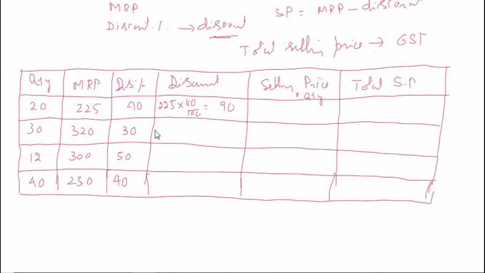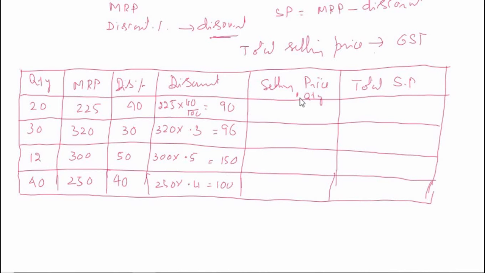So discount in the second case is 320 into 0.3, that comes to 96. Third one is 300 into 0.5, that is 150. The fourth one is 250 into 0.4, that is 100. So these are the discounts.